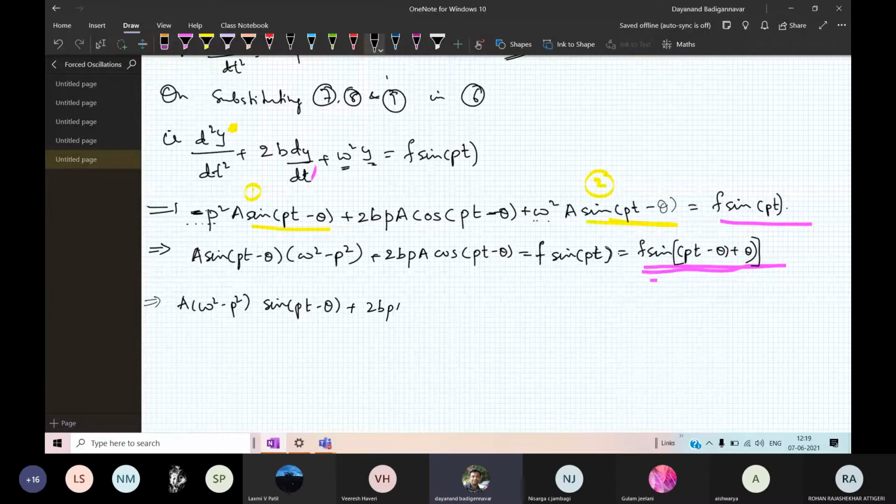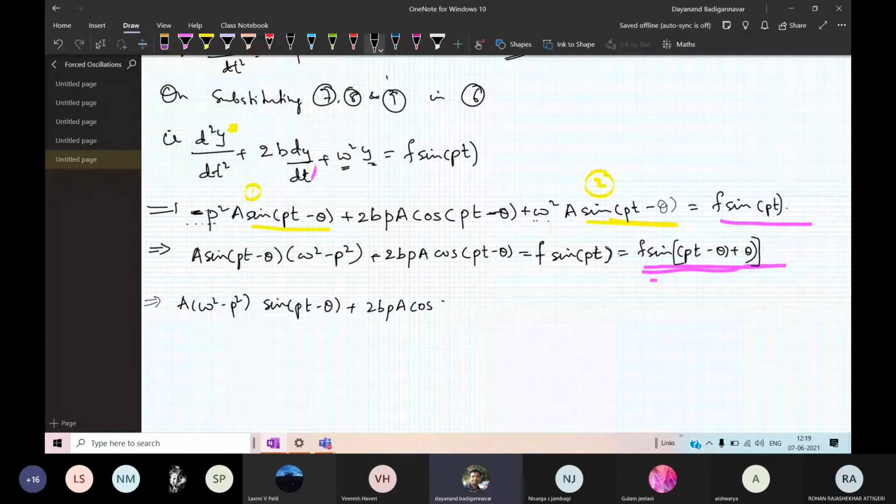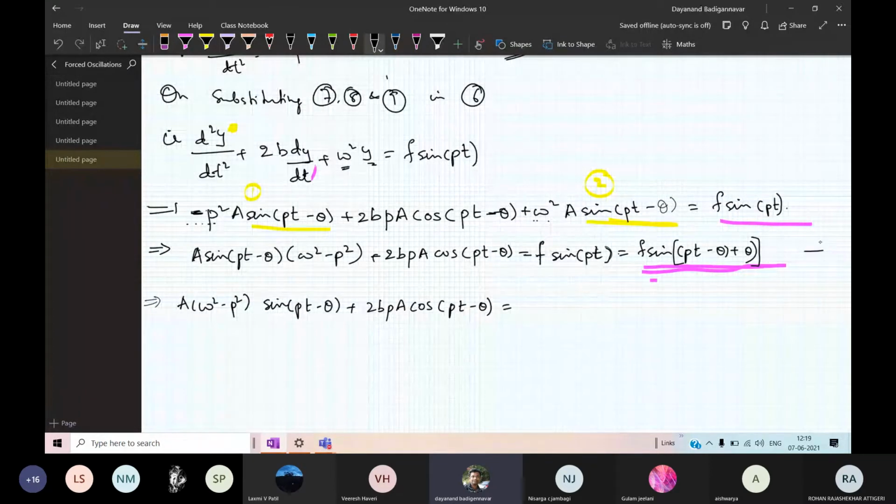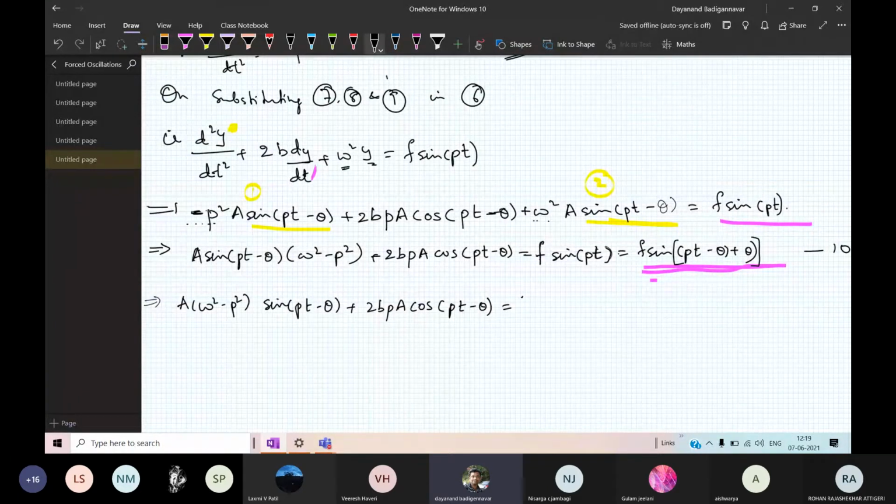In equation number 10, you expand the sine of PT minus theta plus theta, that will give you F into sine PT minus theta into cos theta plus cos of PT minus theta into sine theta. This is the sine of a plus b.